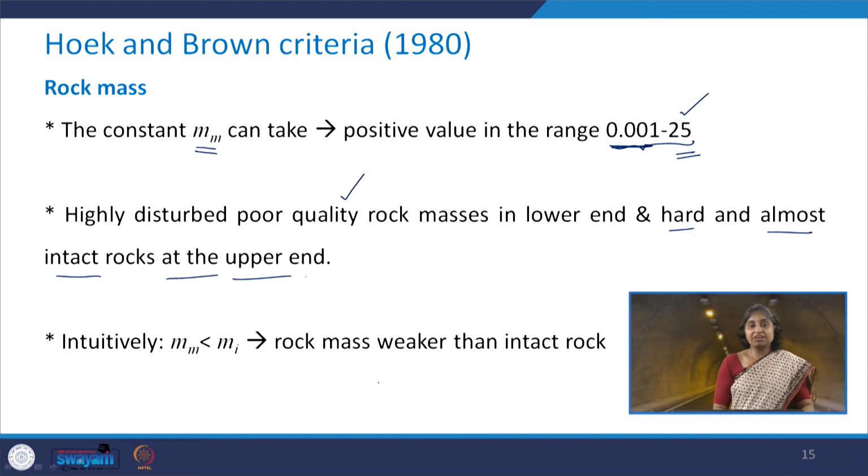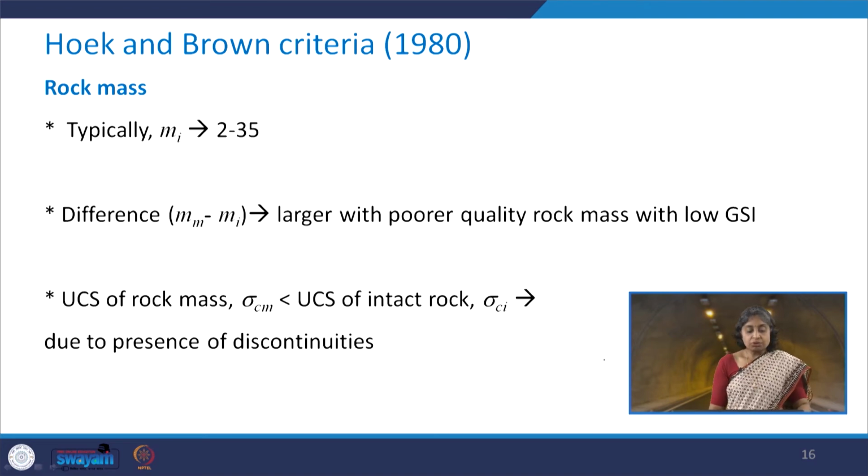Now, intuitively we can say that the parameter m for the rock mass is less than the m parameter for the intact rock. This shows that the rock mass, of course, is weaker than the intact rock because of the presence of various discontinuities. Typically this mi varies between 2 to 35 for various rocks.